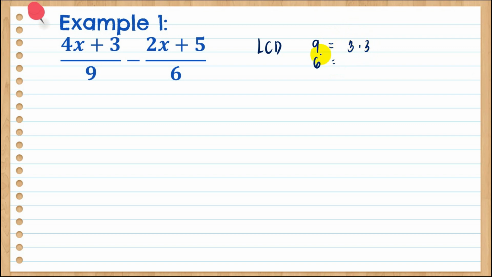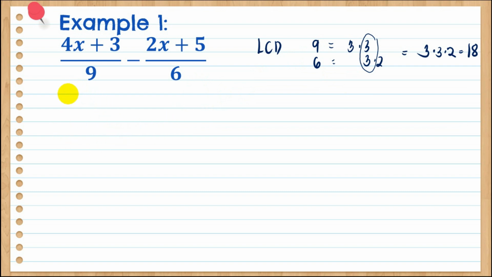We have 3 times 3 for our 9, and then 3 times 2 para sa 6 natin. And again, to find the LCD, hanapin muna natin yung first common natin, and that is 3. Then, the rest ng hindi common, saka natin siya i-multiply. 3 times 3 is 9 times 2 is 18.